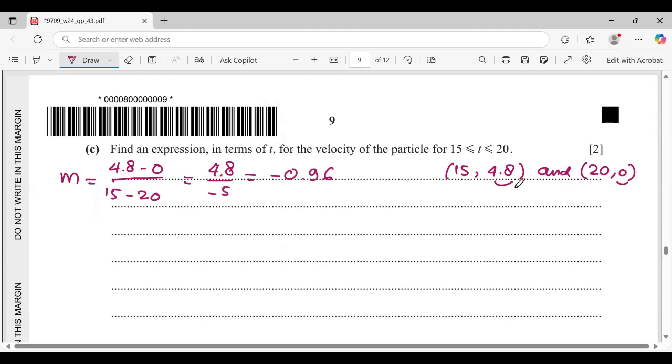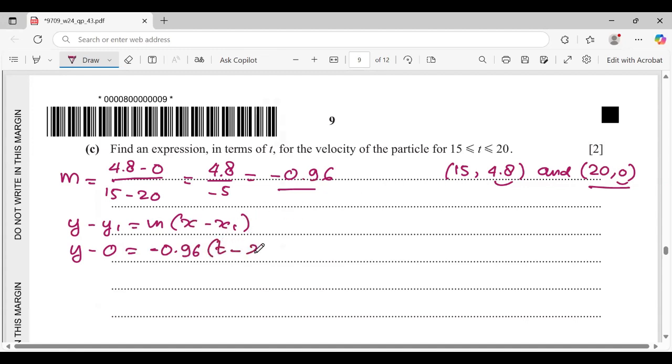And a straight line through 20, 0 with gradient minus 0.96, I would like to use this formula for a straight line. So y minus y1 is 0, m is minus 0.96, x is t, and x1 is 20.